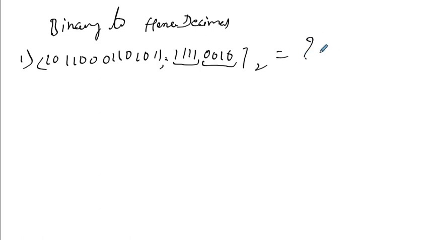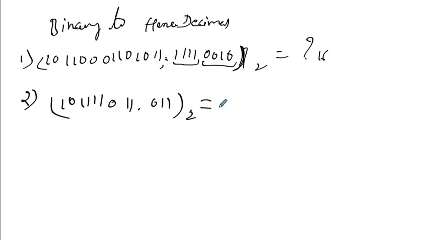Convert this into its equivalent hexadecimal. The second example is 1011110111.011. This is a binary number. Convert this into its equivalent hexadecimal number.